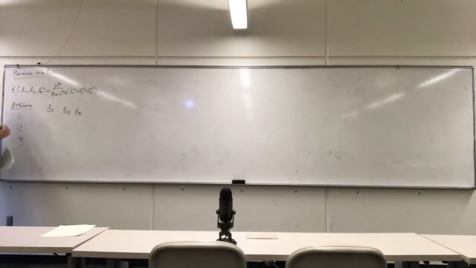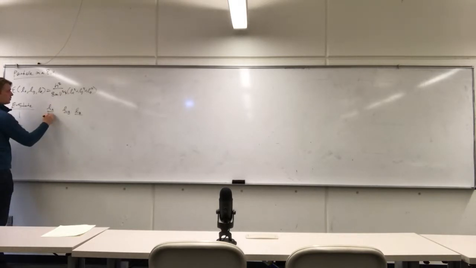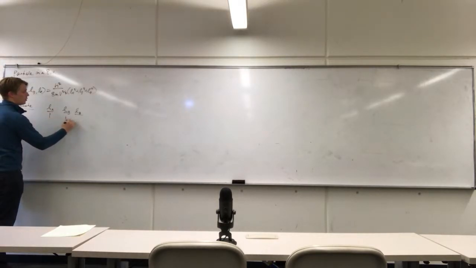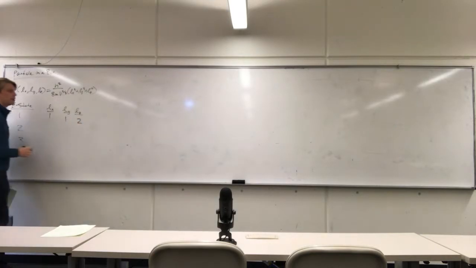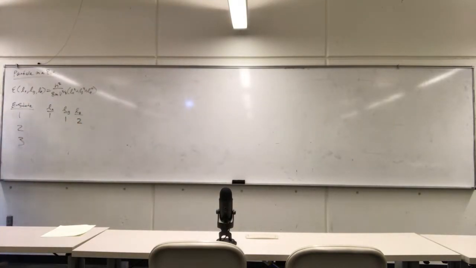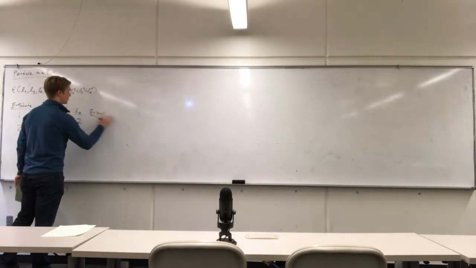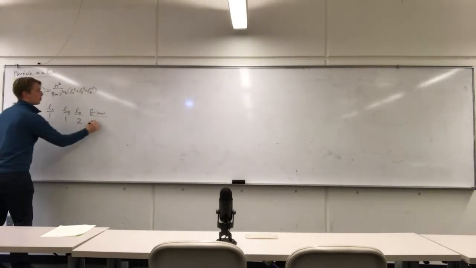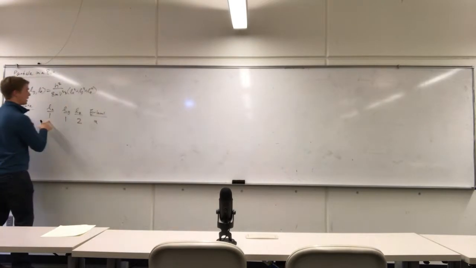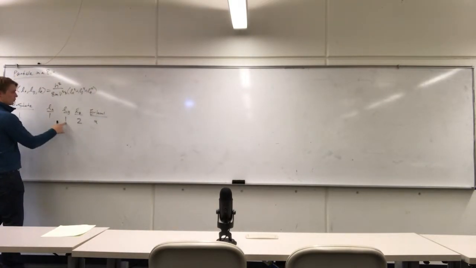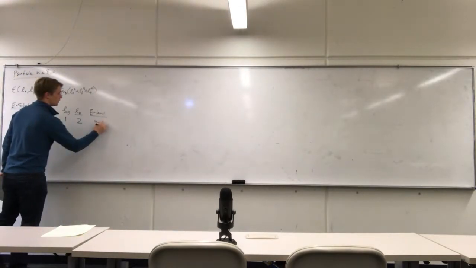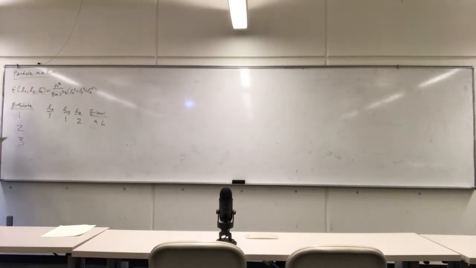So let's say, for example, we have an energy state where the particle in a box has an Lx of 1, an Ly of 1, and an Lz of 2. That means that the energy level of that system is going to be proportional to, in this case here, 1 squared plus 1 squared plus 2 squared, which is going to be 6, right?